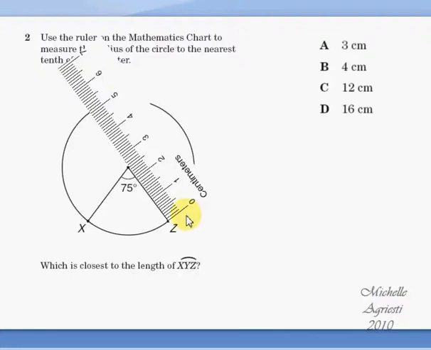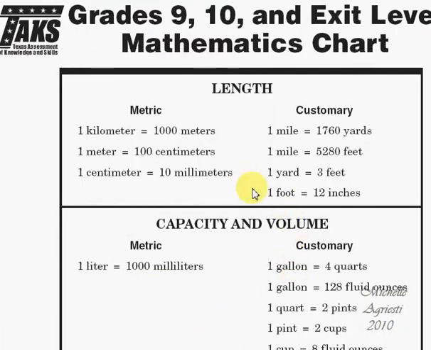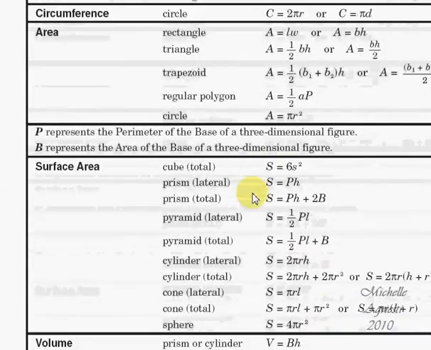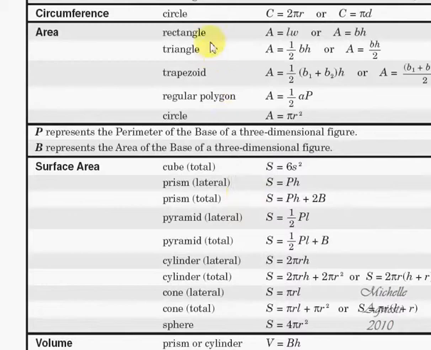We will need the formula for circumference. So here's the formula chart, and here we have circumference. Circumference equals 2 pi r, or circumference equals pi d.